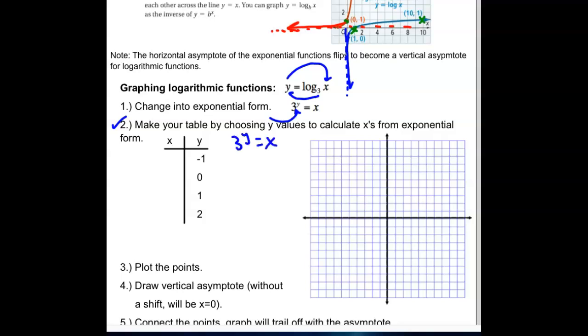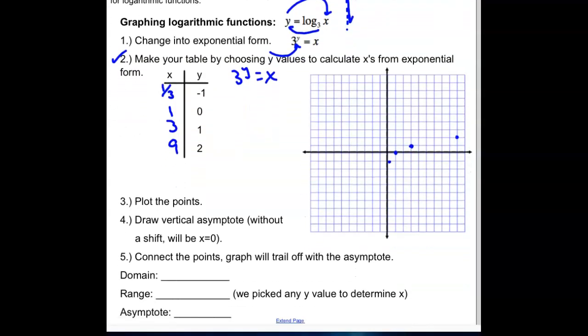So 3 to the negative 1, remember it flips it over, so we get 1/3. Anything to the 0 power is 1, and 3 to the first power is 3, and 3 to the second power is 9. So we're going to plot our points: over 1/3 down 1, over 1 up 0, over 3 up 1, and over 9 up 2.